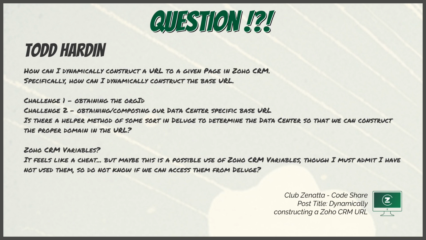My first challenge is obtaining the org ID, and my second challenge is obtaining or composing our data center specific base URL. Is there a helper method of some sort in Deluge to determine the data center so that we can construct the proper domain in the URL? How about Zoho CRM variables? It feels like a cheat, but maybe this is a possible use of Zoho CRM variables, though I must admit I have not used them, so I don't know if we can access them from Deluge.